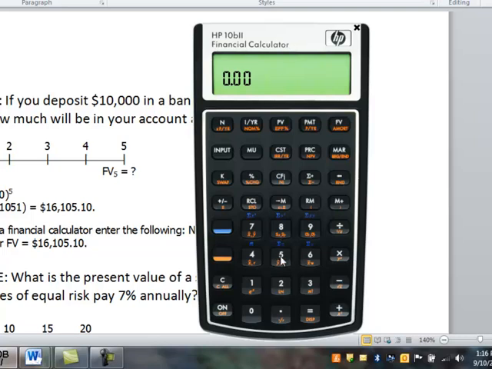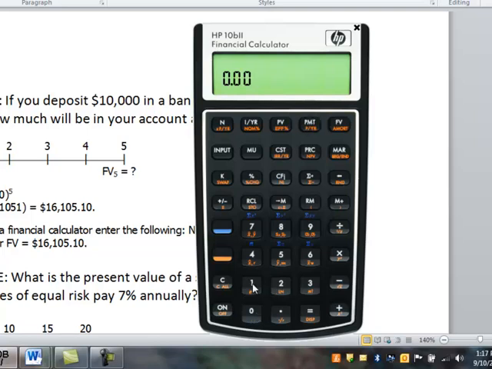We would plug in 5 N, 5 is the number of years, 10 interest rate. There's no payment to be made for each year, so 0 payment.